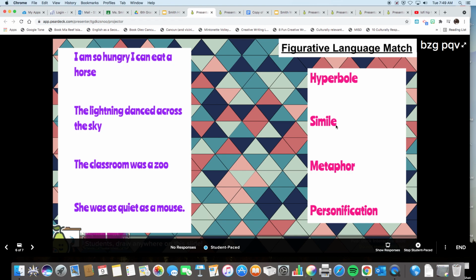Sorry, the author compares two unlike things using the words like or as in the figurative language. A metaphor is when the author compares two unlike things using the words is or are, not like or as. And then personification is when the author gives non-living things human traits, okay? So you are going to match these sentences to whatever type of figurative language you think they are, okay?